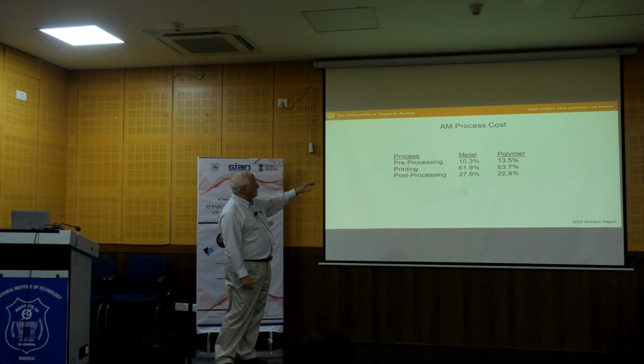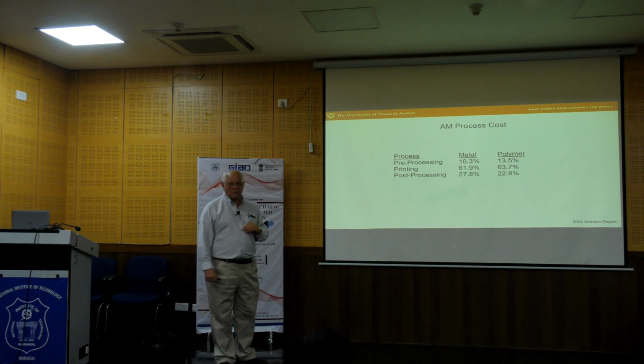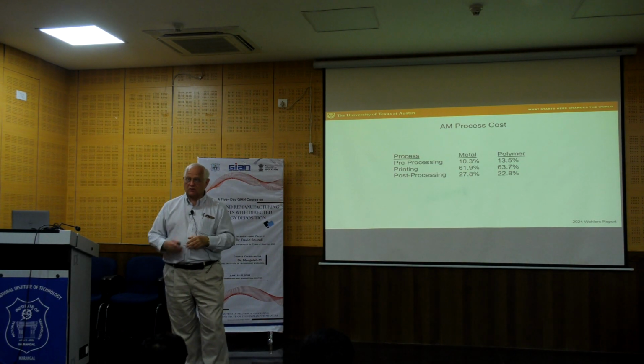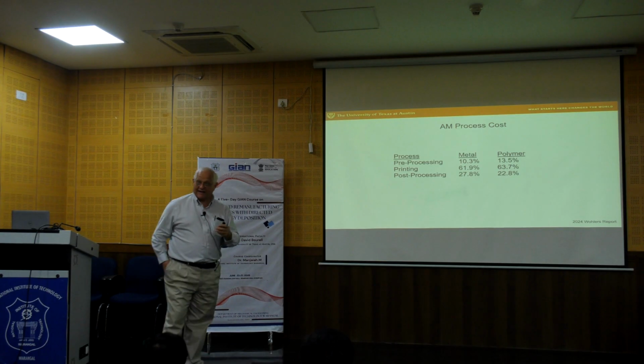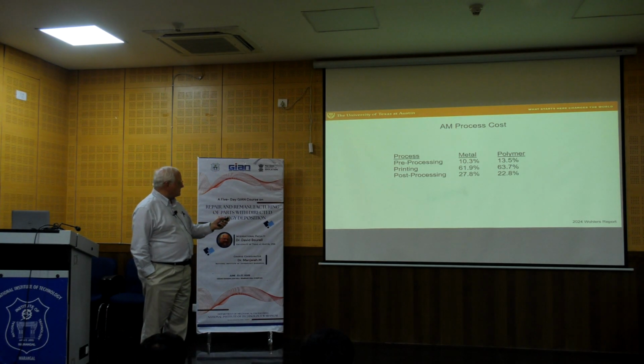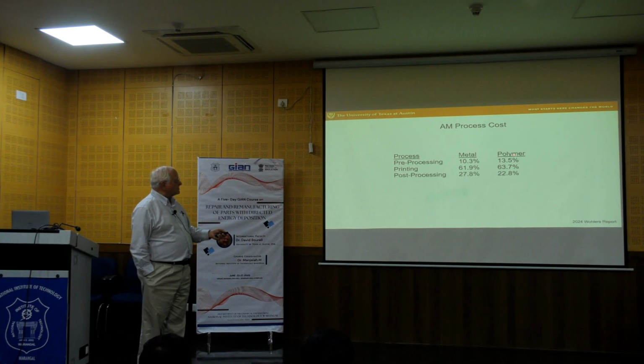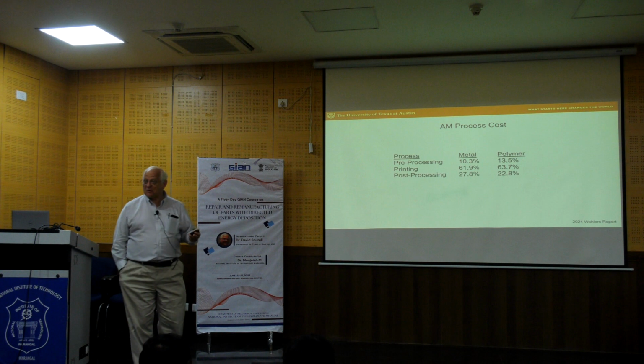This is data from last year's Wohlers report, where they're actually looking at commercial data, not academic. What they found is that pre-processing for metals is typically about 10% of the total cost of the part at the end of the day, and about the same for polymers. And post-processing for metals and polymers is also pretty close.